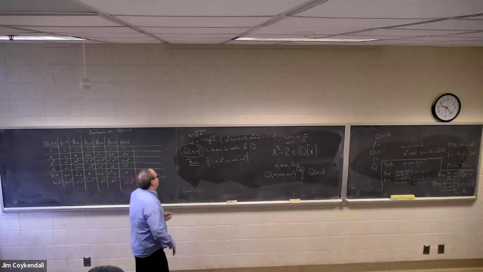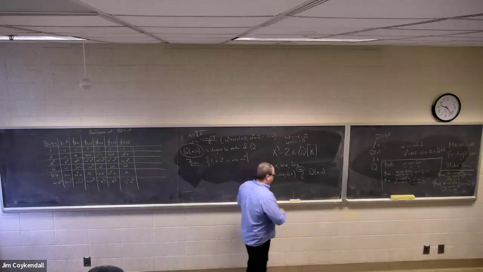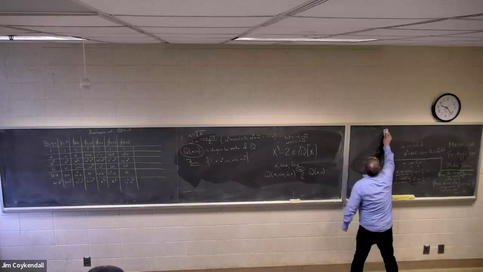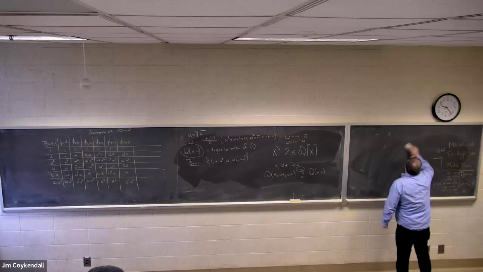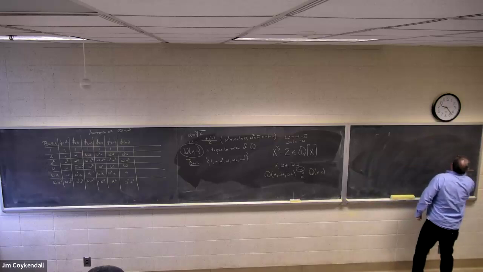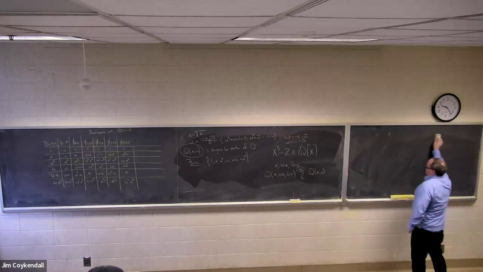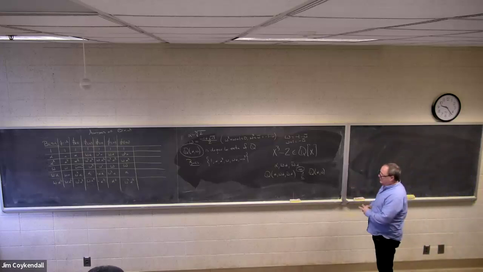I want to talk a little bit further about this example. Because as I promised, I think that a big chunk of the fundamental theorem of Galois theory is contained in this example.